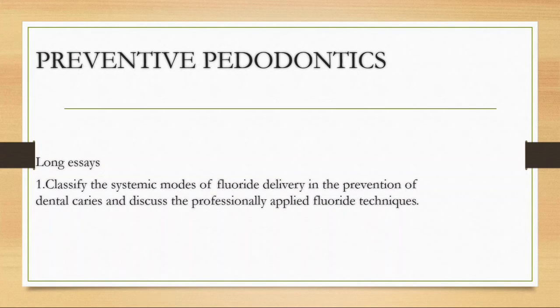So fluorides is a very big chapter, but it's very easy because you already studied it in your part 1, under the subject public health dentistry, where you have studied in detail about fluorides, the history of fluorides, systemic fluorides, topical fluorides, the mechanism of caries prevention, the defluoridation techniques, and the fluoride toxicity.